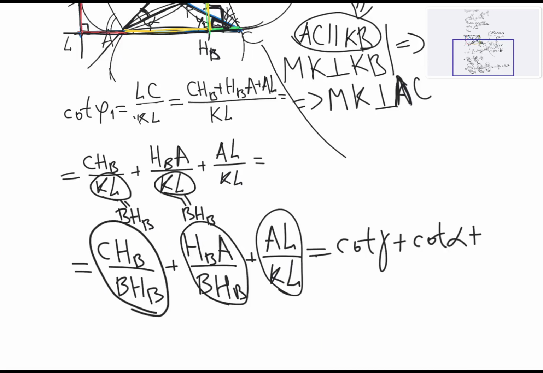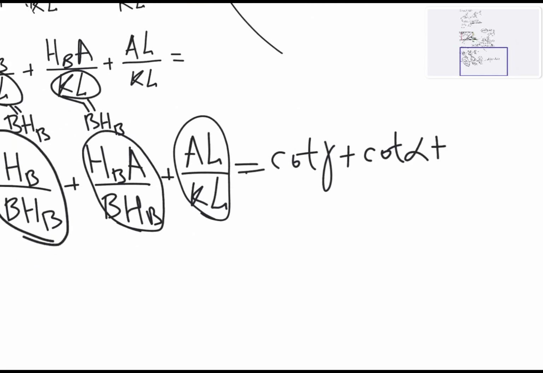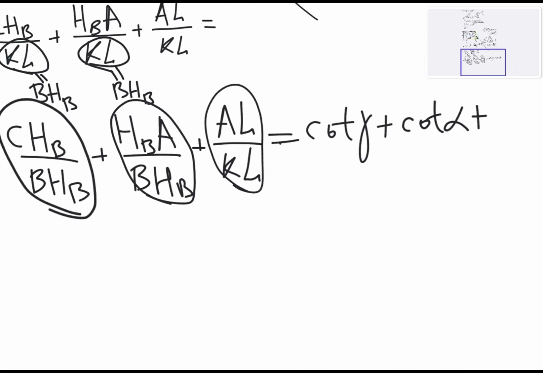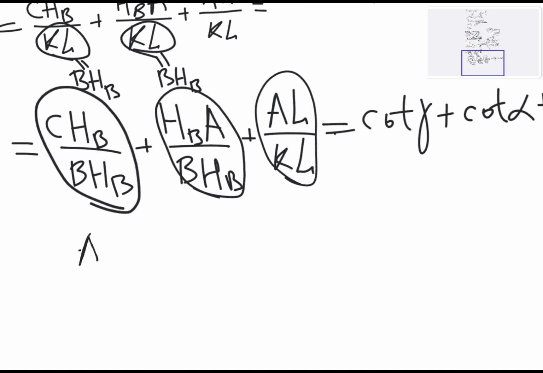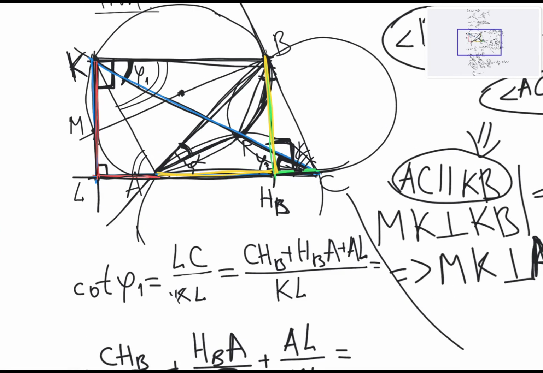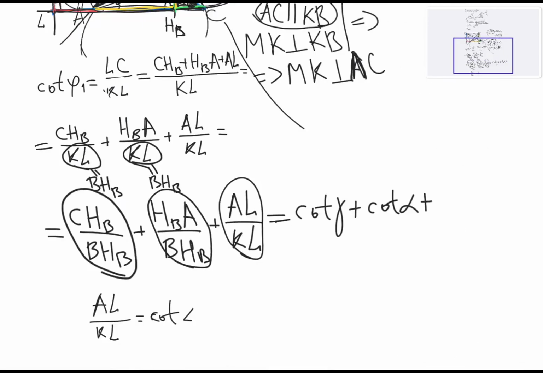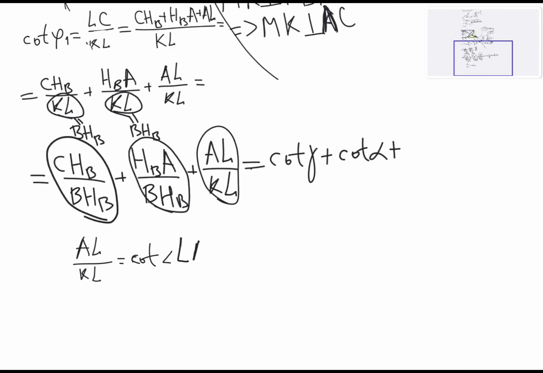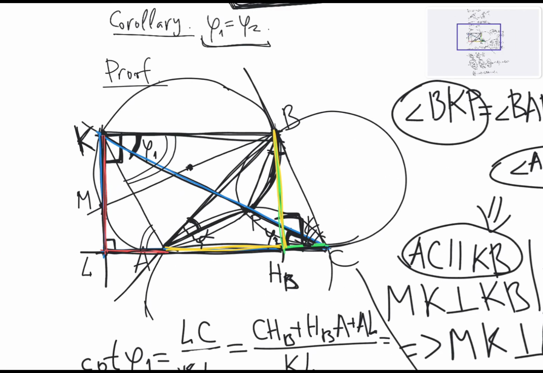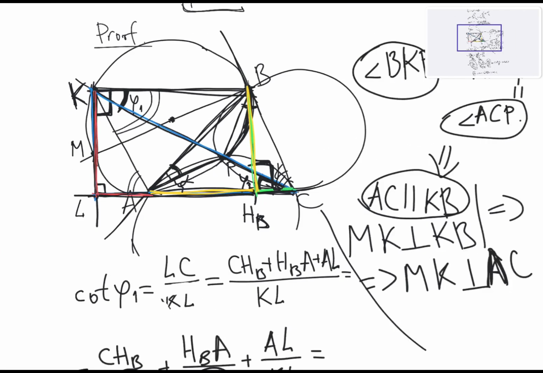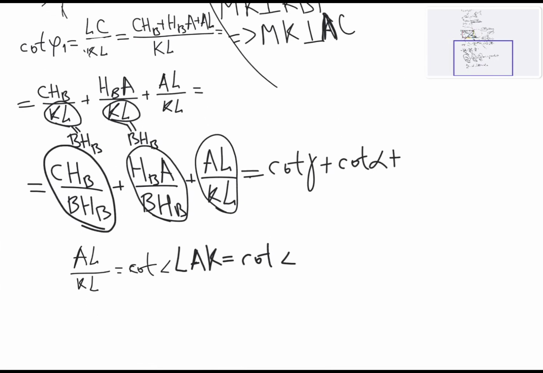So let's write it separately. AL over KL is equal to cotangent of the angle LAK, which is equal to cotangent of the angle AKB, because of the parallel lines, these two angles are simply equal.